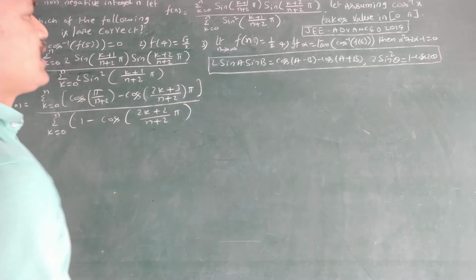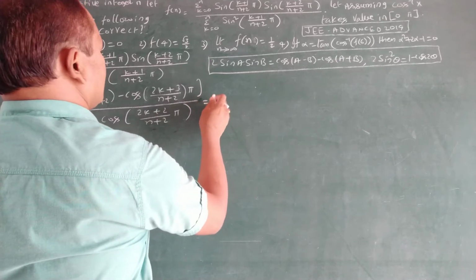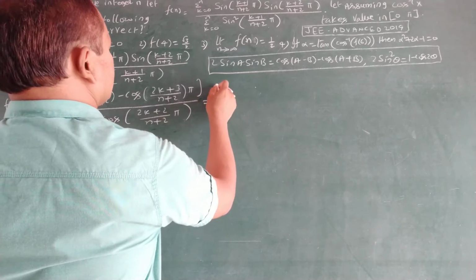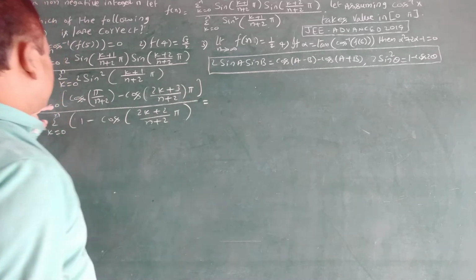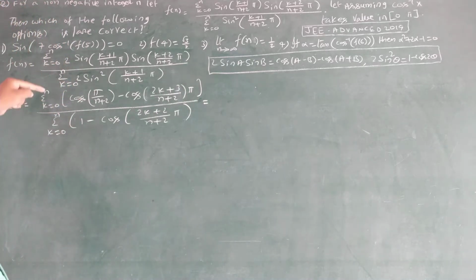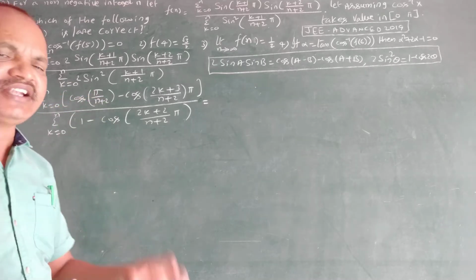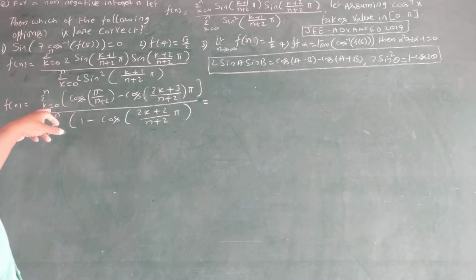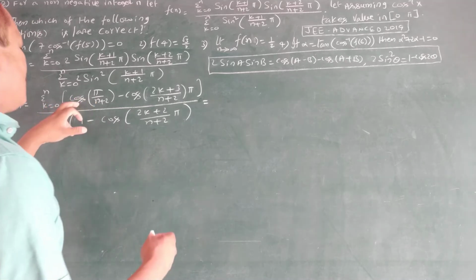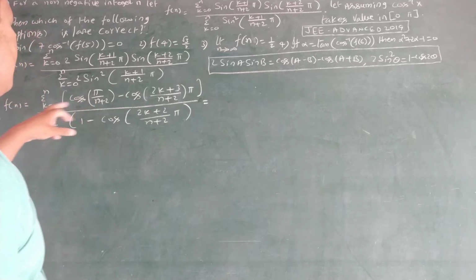Now we have to expand these. Observe, here k goes from 0 to n, and cos(π/(n+2)) is independent of k, that's why it is constant.